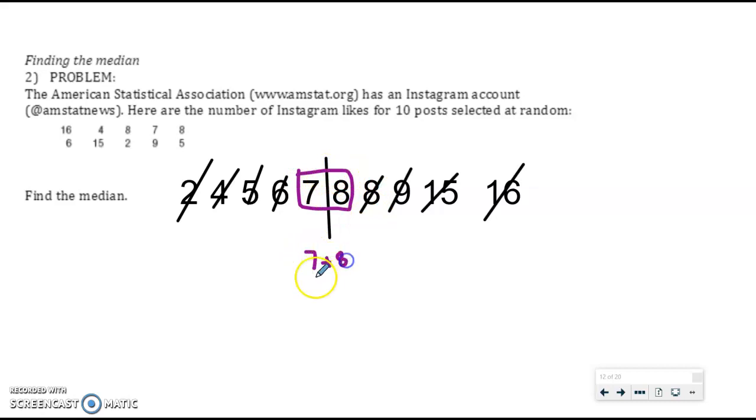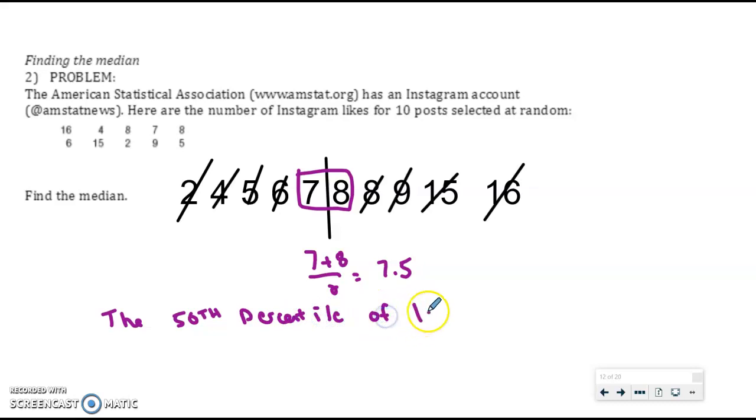I'm going to add those two together and divide by 2, and you get 7.5. So we could say the 50th percentile of likes for AmStats is 7.5 likes.